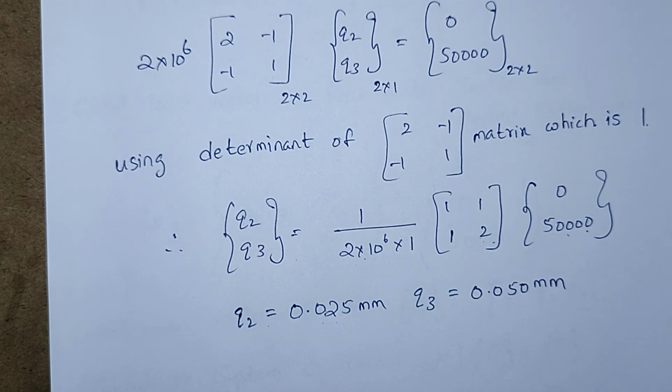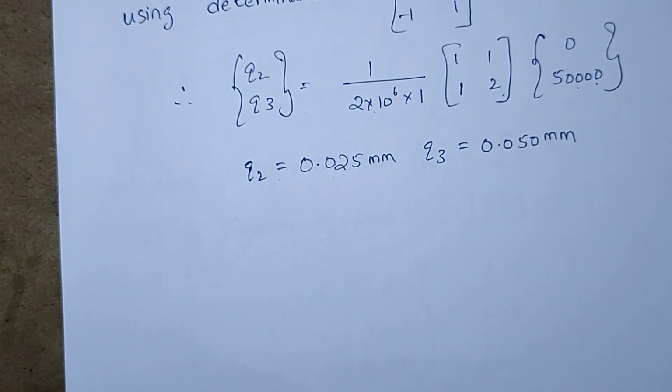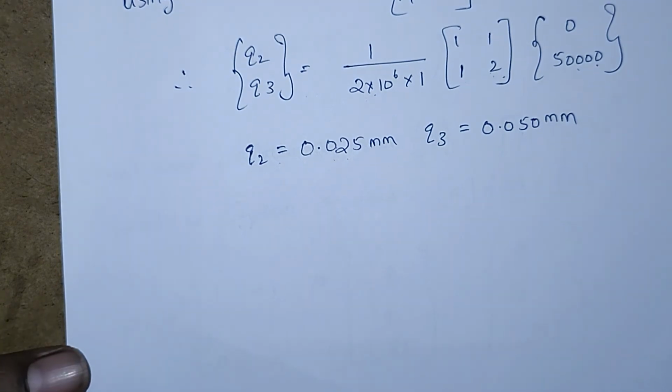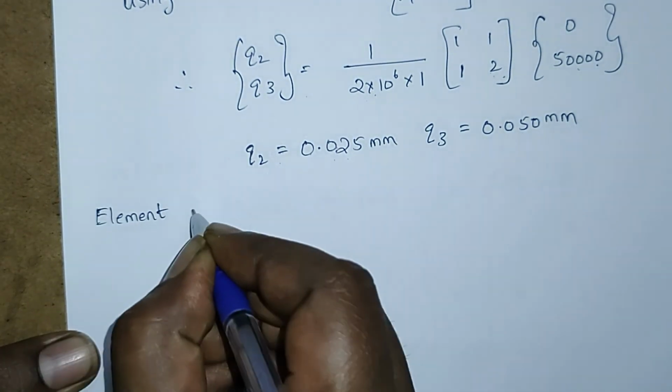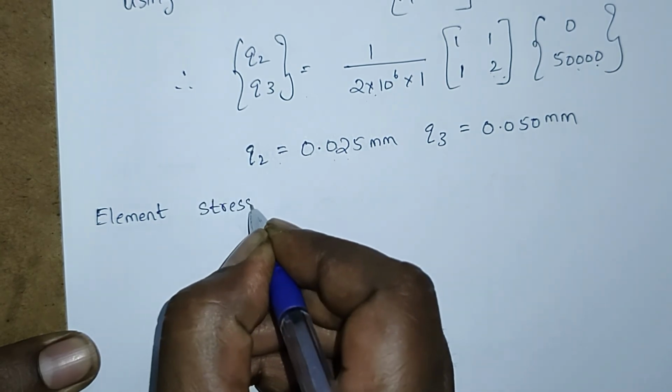Next, one more step is there. Next step is we have to calculate the element stresses. What are the element stresses we have to calculate? Sigma 1 and sigma 2. So I'll write here, we are going to calculate element stresses.